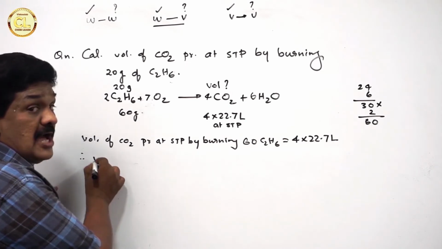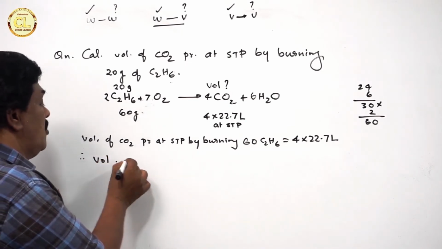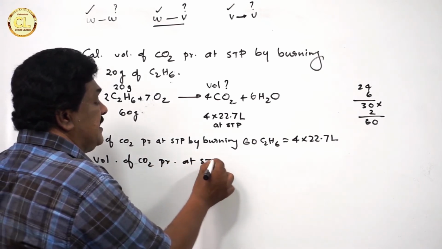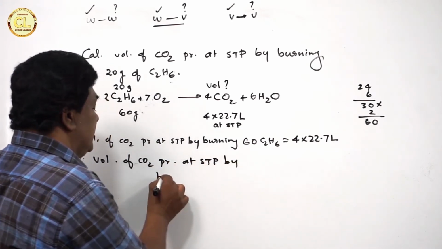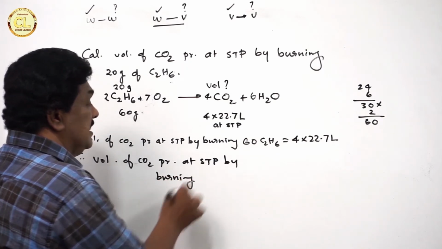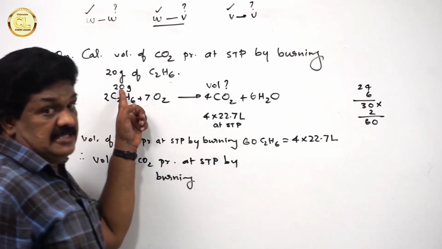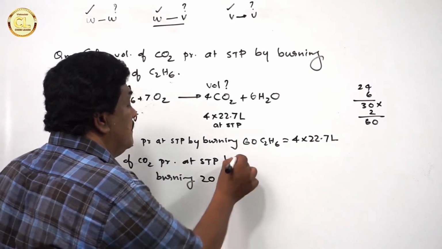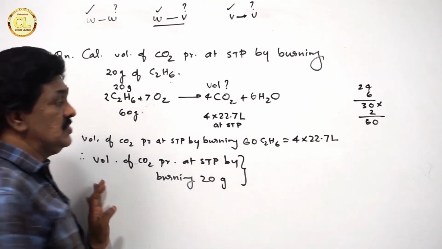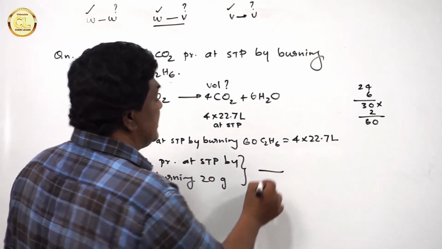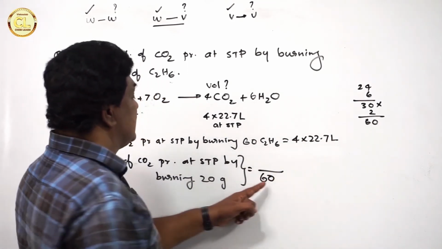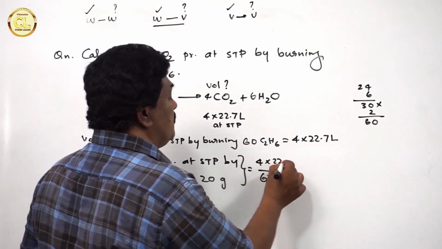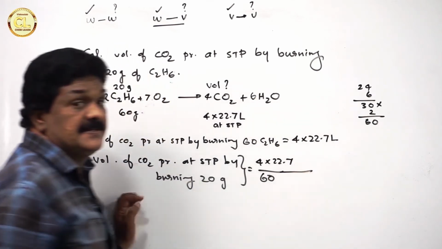Therefore, volume of carbon dioxide produced at STP by burning 20 gram ethane, that we are asked to find: for 60 grams, the volume is 4 into 22.7 liters.